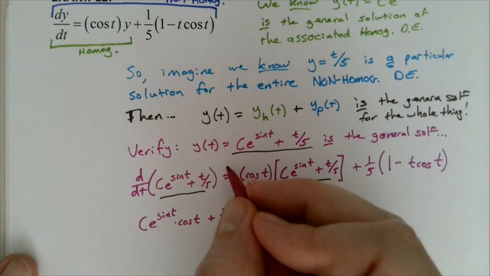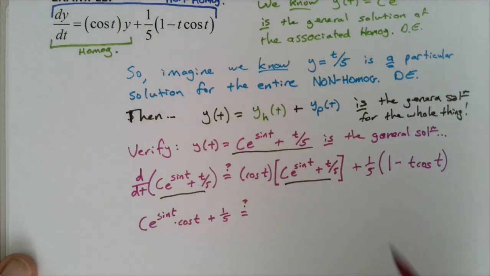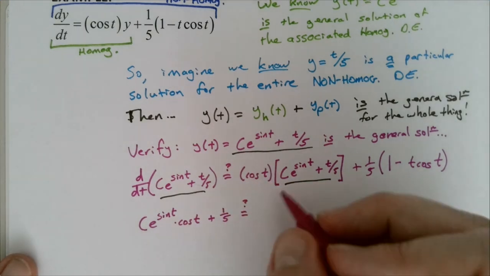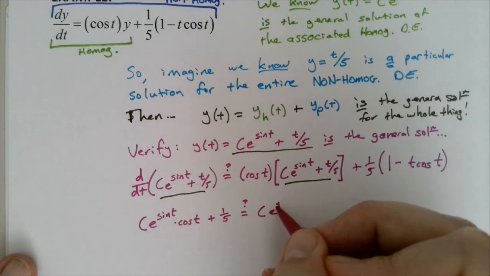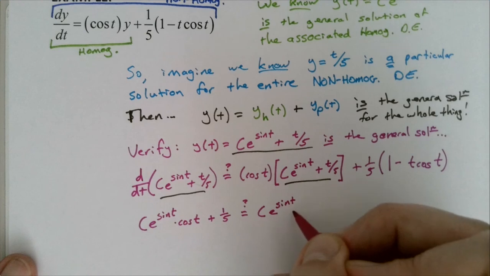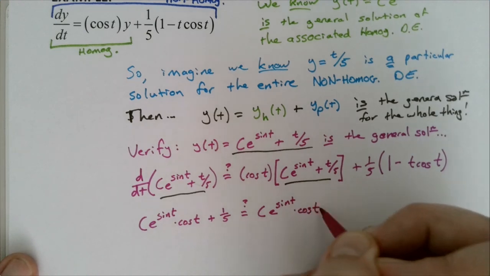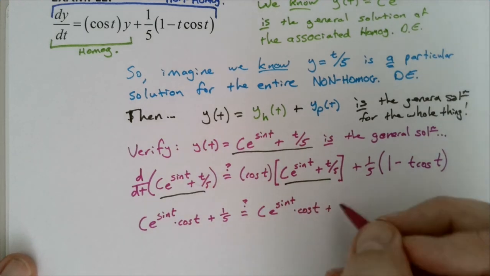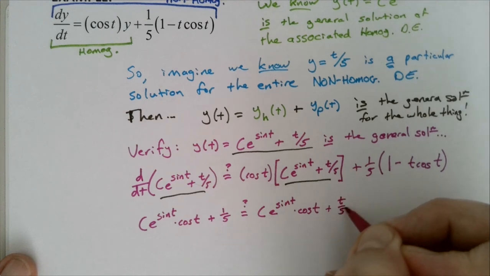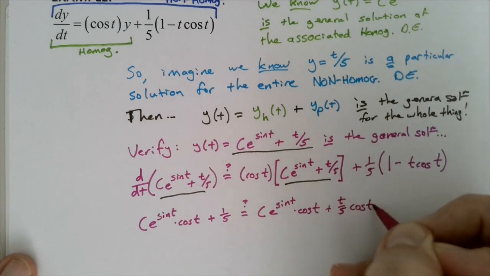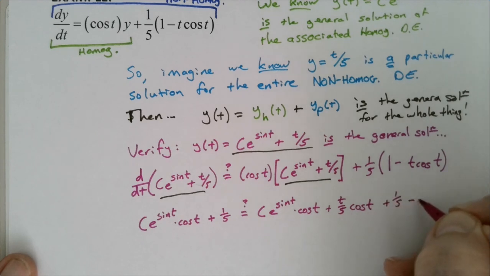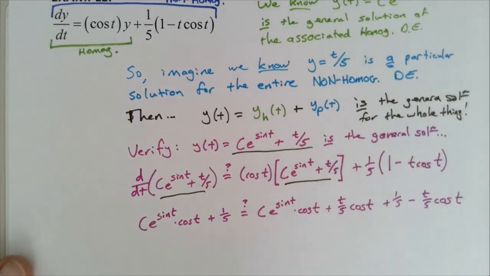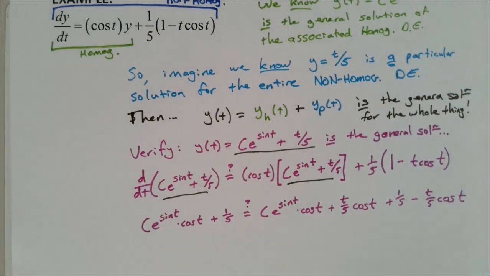The question is, is that in fact equal to the right side? When I multiply it through, I'm going to get c times e to the sine t times cosine t, plus t over 5 times cosine t, plus 1/5 minus t over 5 cosine t. Now it looks like a big honkin' mess over there, but notice a couple of things.